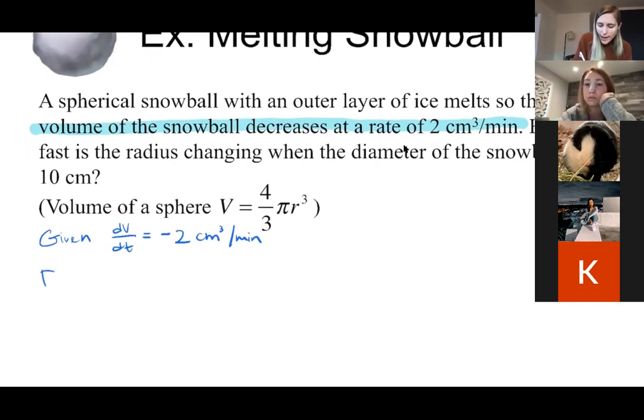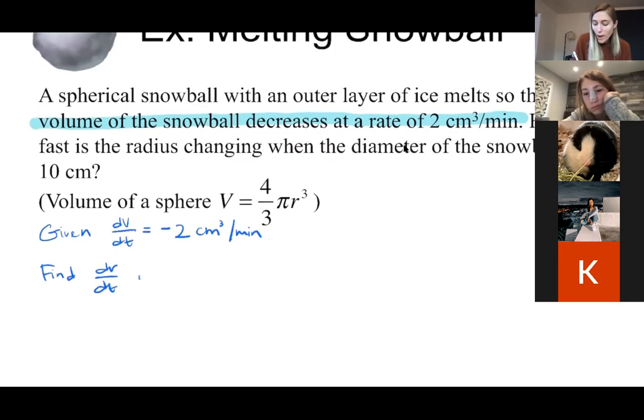We want to find or solve for how fast the radius is changing. So we want to find dr over dt when the diameter is equal to 10 centimeters. That's describing the moment in time.